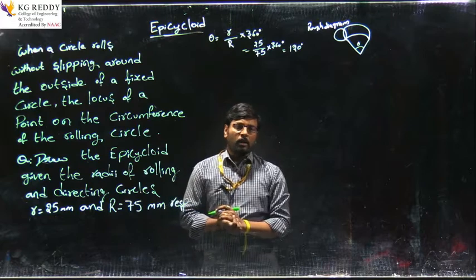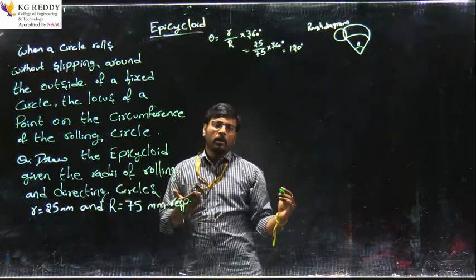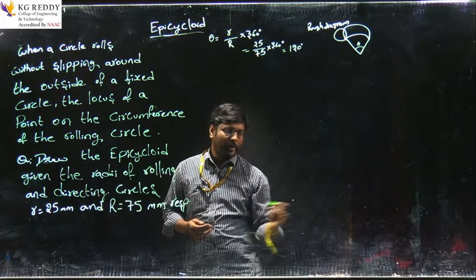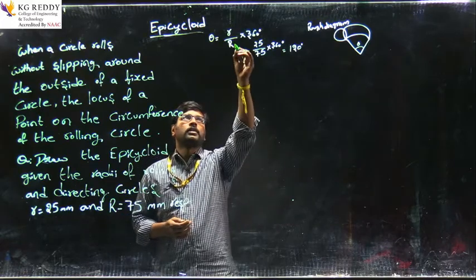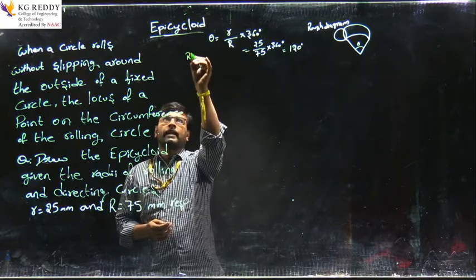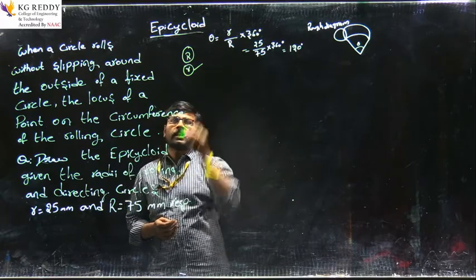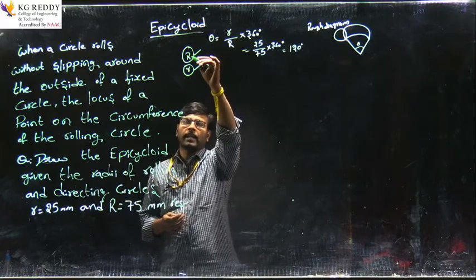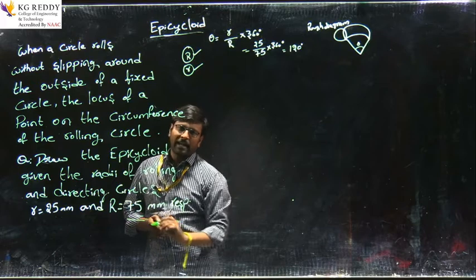Let me start somewhere on the drawing sheet, and imagine a point there. From there we take the radius. Small r is the roller radius and capital R is the directrix radius. So we take capital R, the radius, as 75 mm.